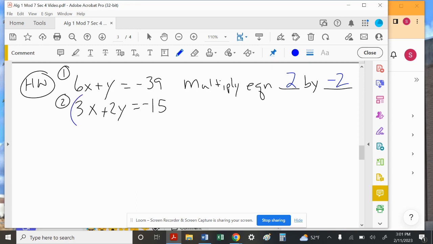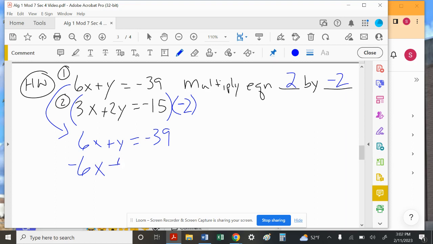So I'm going to multiply this one by negative 2. So the negative 2 distributes through. I'm going to rewrite the first equation. So I have 6x plus y equals negative 39. On the second equation, I have negative 6x minus 4y equals positive 30 when I multiply all these out.